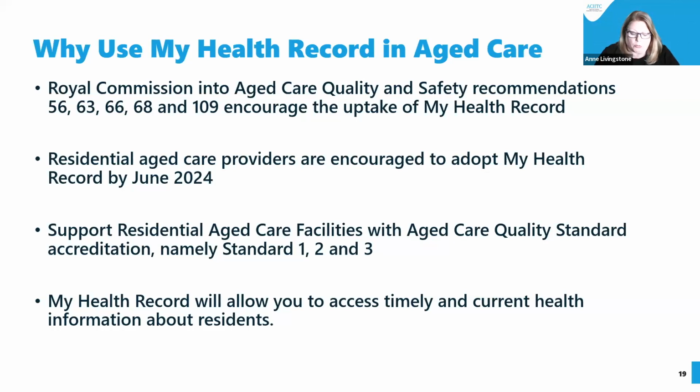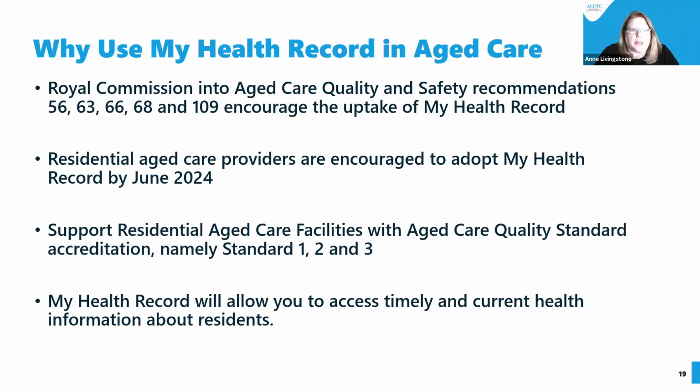My Health Record also can support residential aged care facilities with aged care quality standards and accreditation, namely Standard 1, Consumer Dignity and Choice, Standard 2, Ongoing Assessment and Planning with Consumers, and Standard 3, Personal Care and Clinical Care, as a source of information.